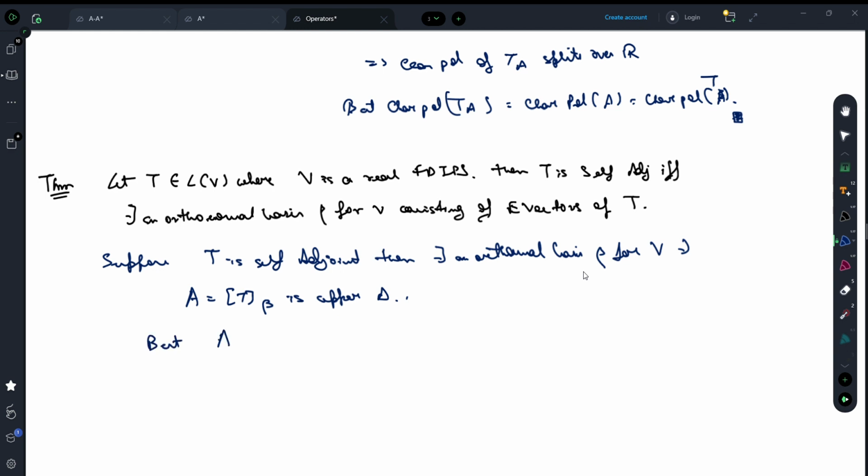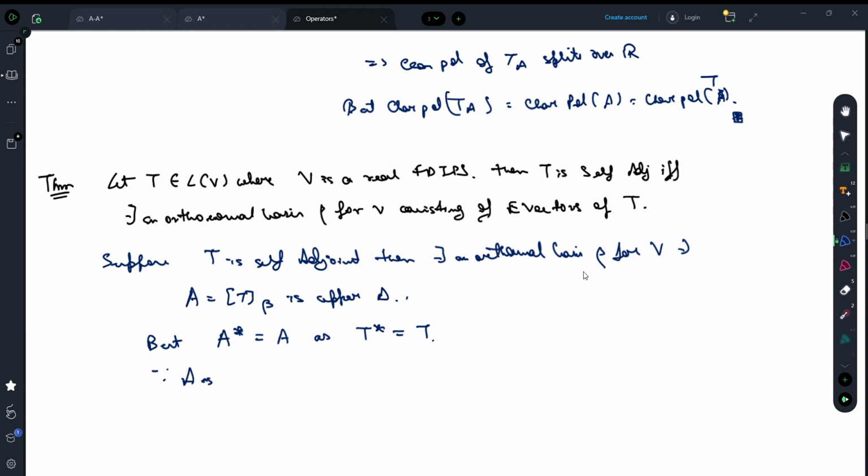But A star is equal to A, as T star is equal to T, right? But then A star is equal to A, where A is upper triangular.